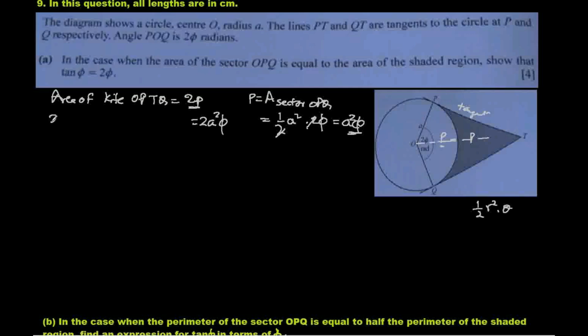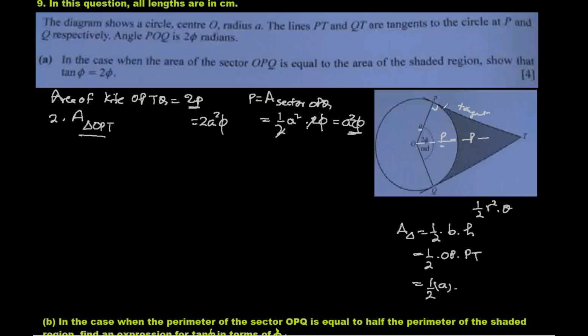It will be 2 times the area of triangle OPT. And we know the area of a triangle is half base times height. So if this is 90 degrees, I'll take OP as the base, and height will obviously be PT. So OP is already known to us, it is the radius, which is A.